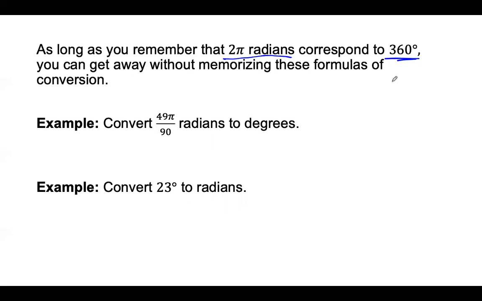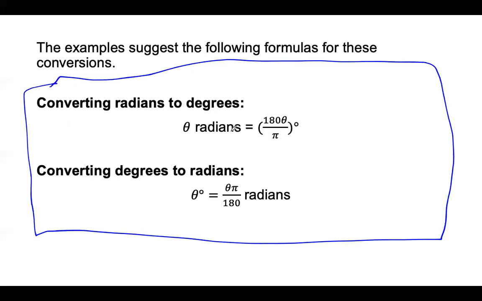Again, I'll help you in the seminars. So let's convert 49 pi divided by 90 radians to degrees. We're going to apply the formula.